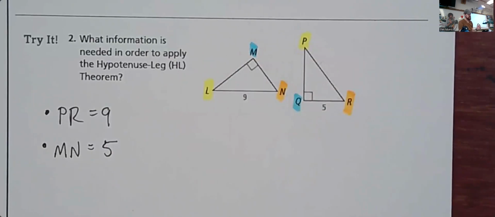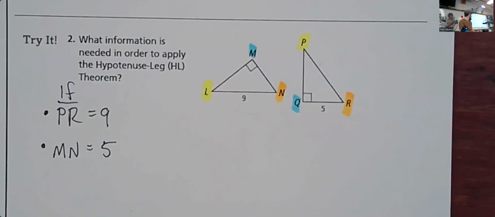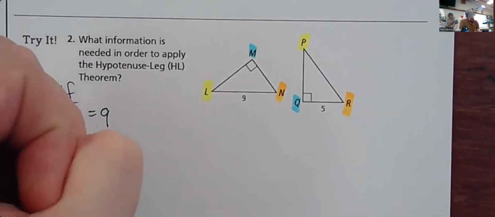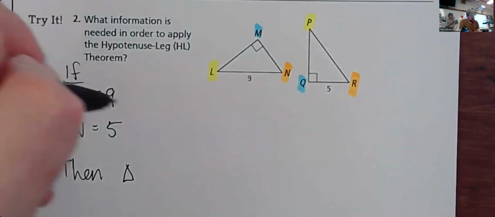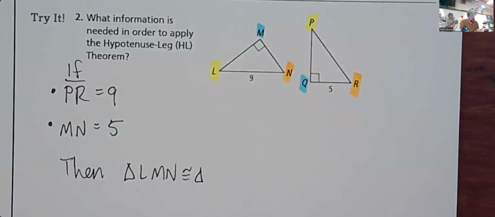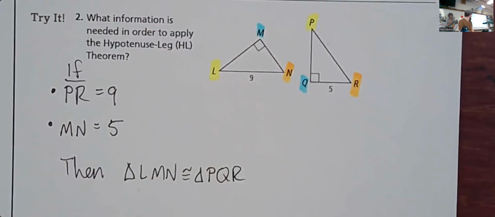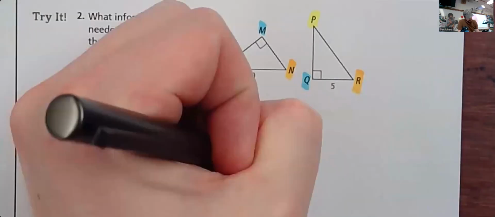So if PR equals 9 and MN equals 5, then triangle LMN is congruent to triangle PQR. If PR is equal to 9 and MN is equal to 5, that means that the two triangles are congruent by HL.